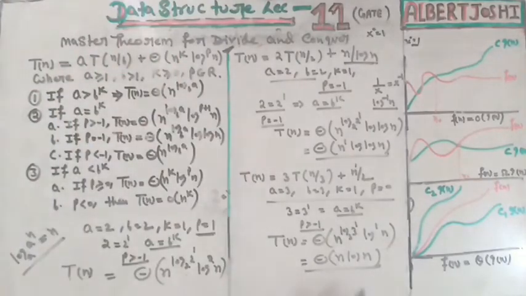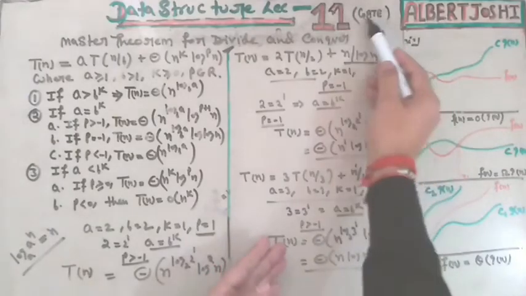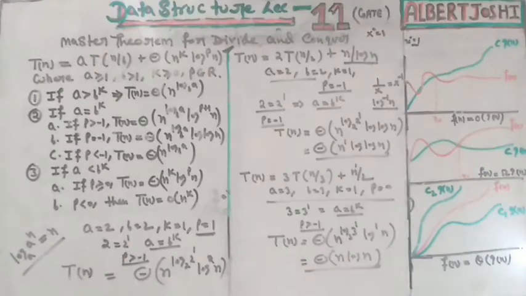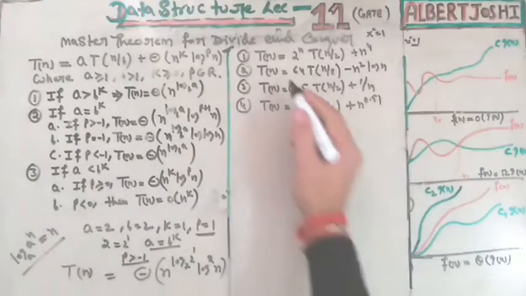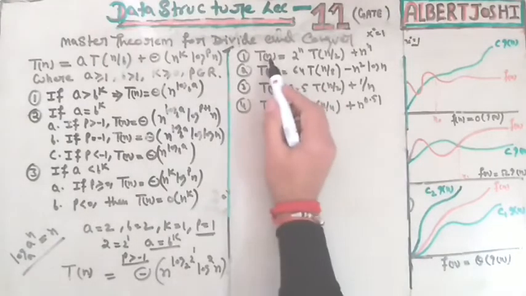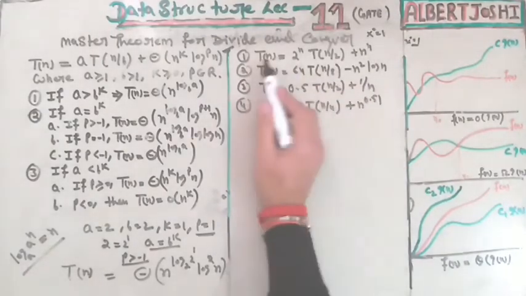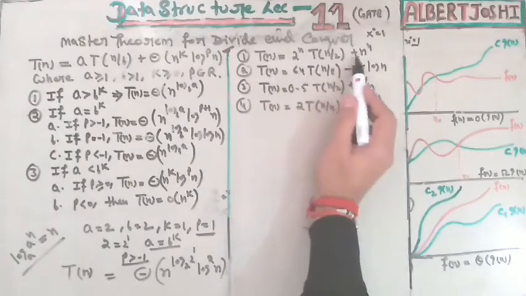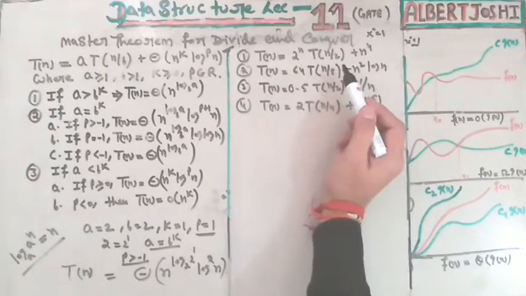Again we are repeating. Now we will show you some important questions that have come in your GATE exam. Now there are some examples that have come in your previous year GATE. This is another question they have given you: T(n) = 2^n T(n/2) + n^n.